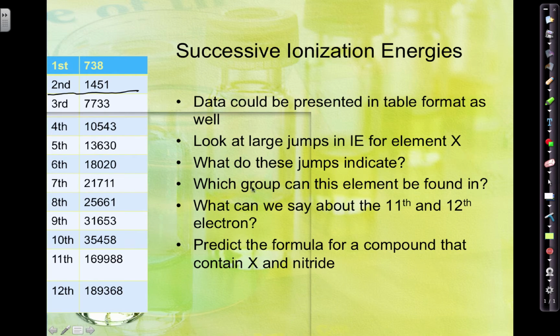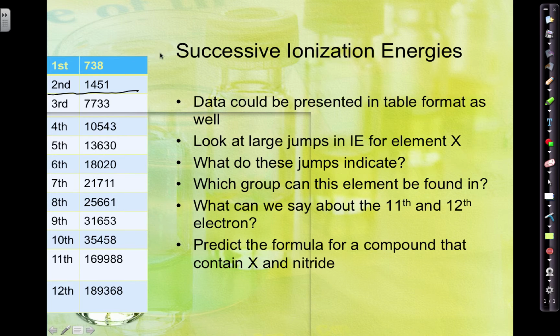Okay, so that tells me that it's pretty easy to remove these 2 electrons, but it's harder to remove the third. So those jumps indicate that when it goes from this to this, it's much harder to remove that third electron, and that's because you've hit something that's basically more stable.